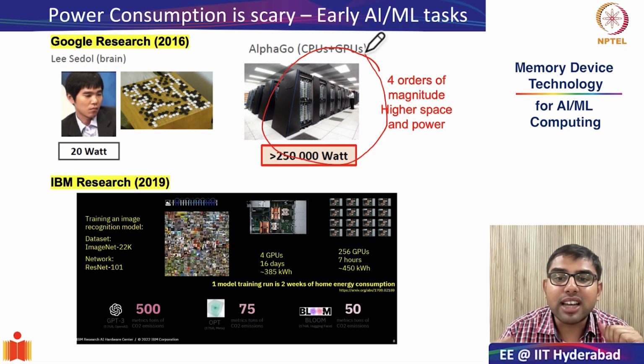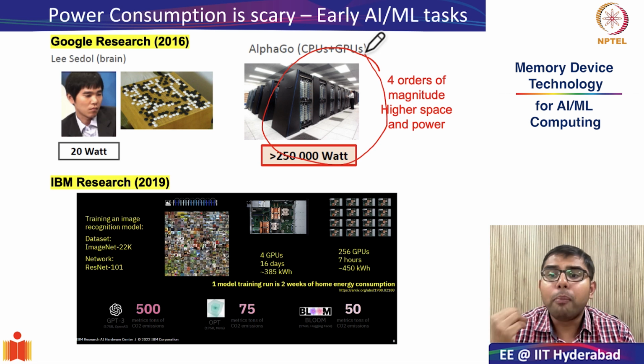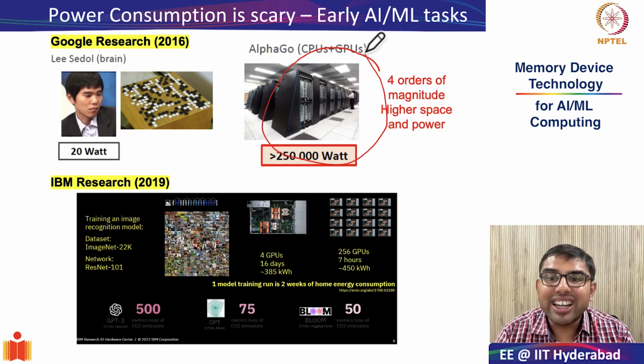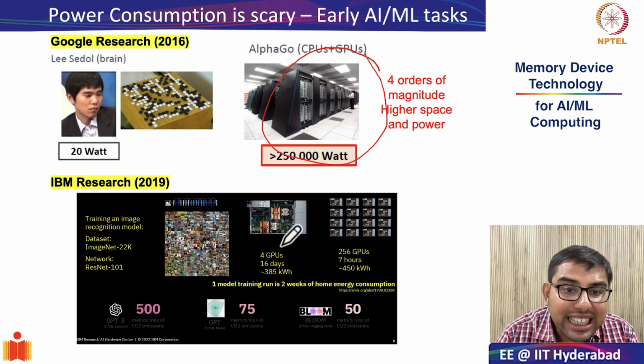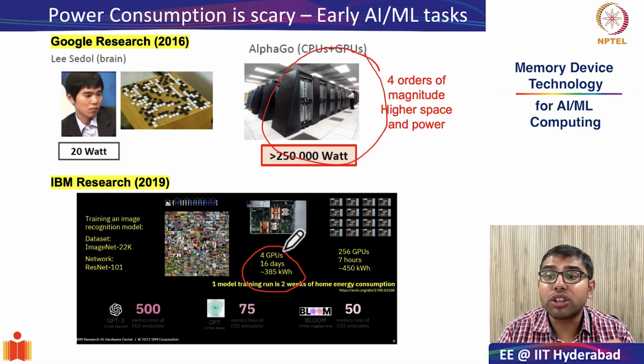The next case study comes from IBM Research, who have also highlighted how demanding modern training can be. For example, training an image recognition model on ImageNet with just 4 GPUs can take you around 16 days and 385 kilowatts of power.